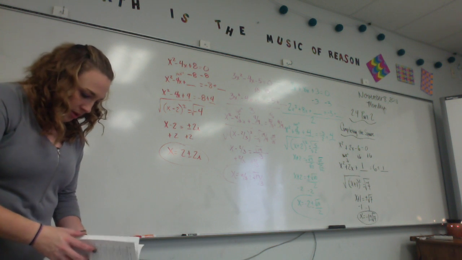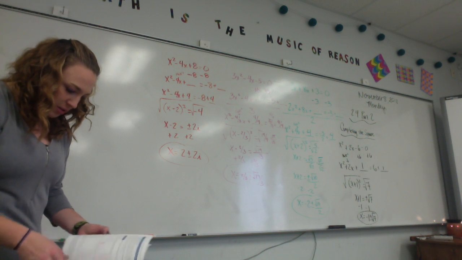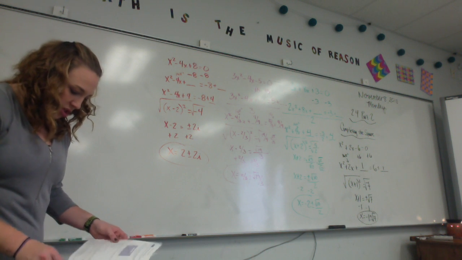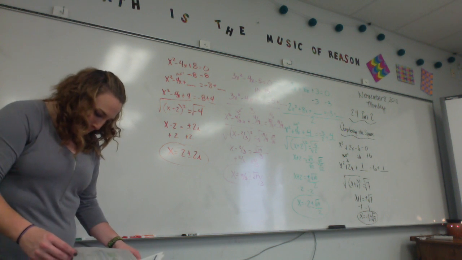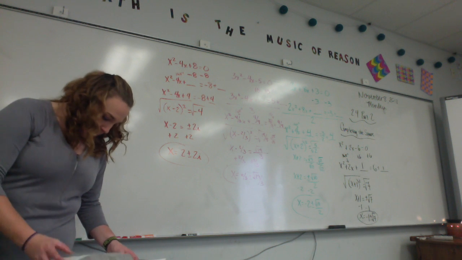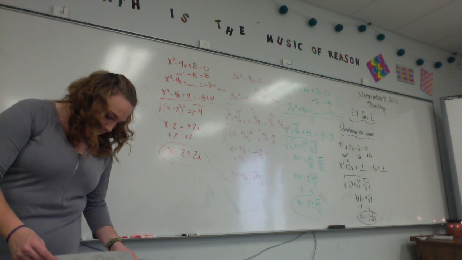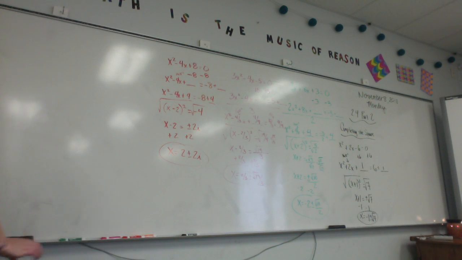So, completing the square only gets super rough when we're dealing with fractions, which is unfortunate. Let's talk about doing some quadratic equations. Okay, quadratic formula. What is the quadratic formula?